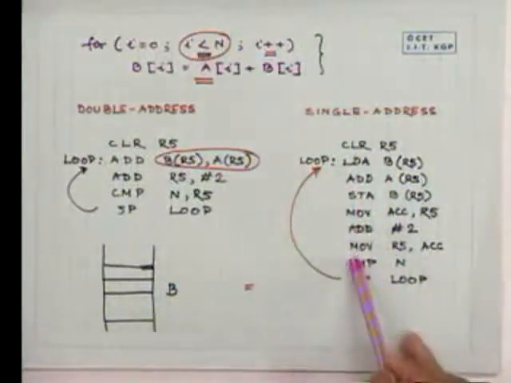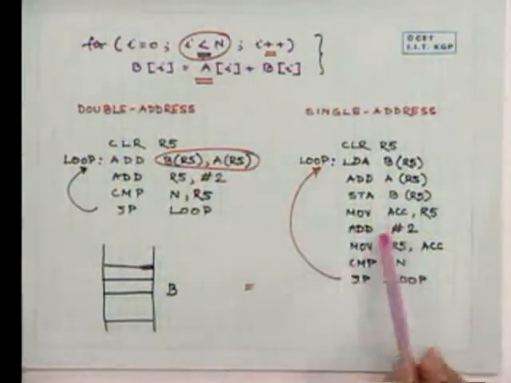Similarly, the single address modes that we have talked of here are also of a hypothetical computer, but the addressing modes are still very valid and the instruction set that we have talked of is very valid.